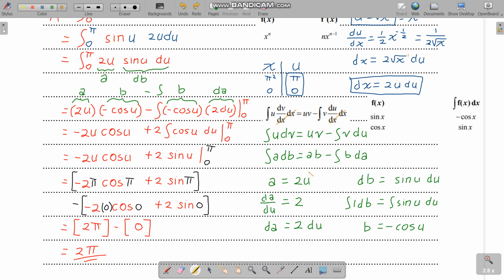The a is 2u, so the derivative of 2u with respect to u is just 2, which means dA equals 2 du. We're going to use this later in the integration by parts. And then if a is 2u, dB would be sine u du.